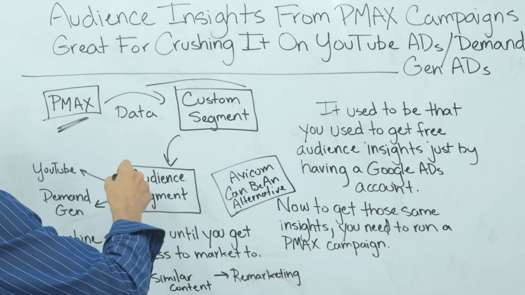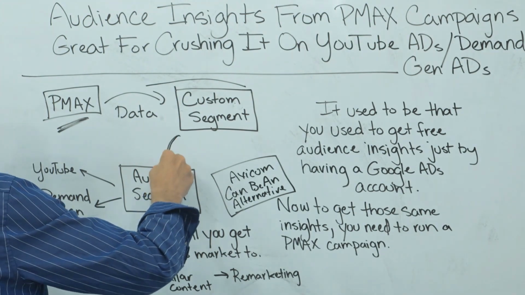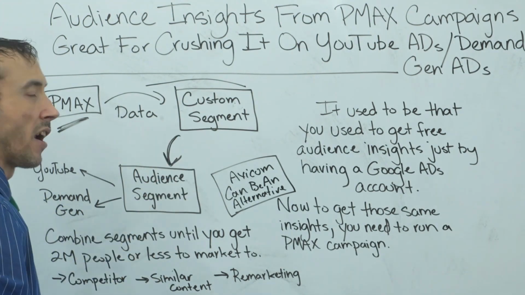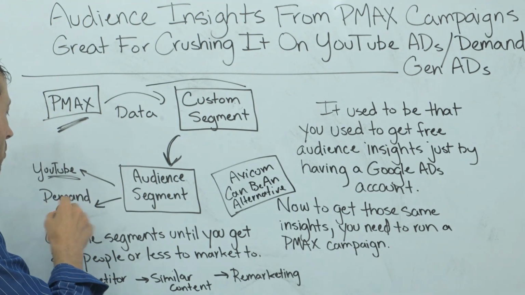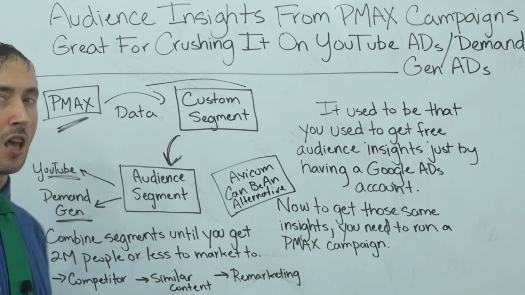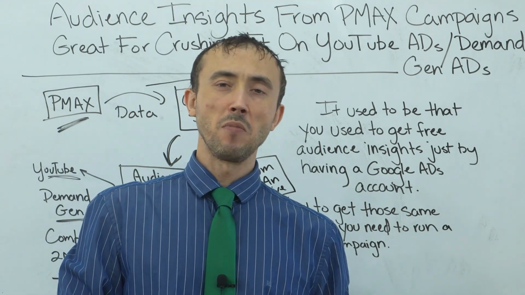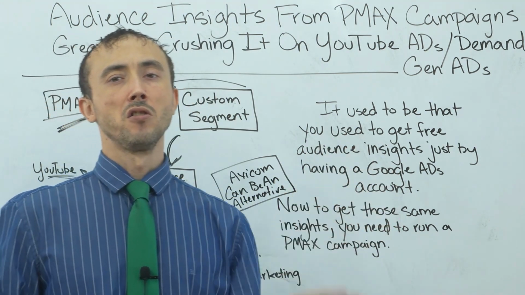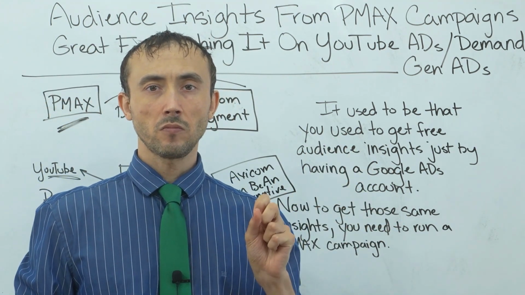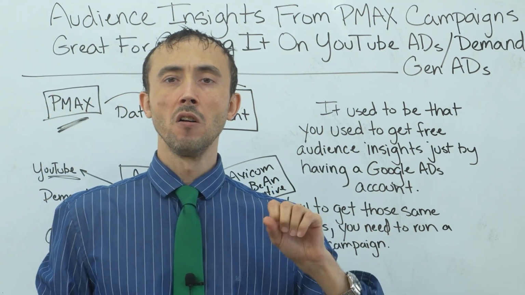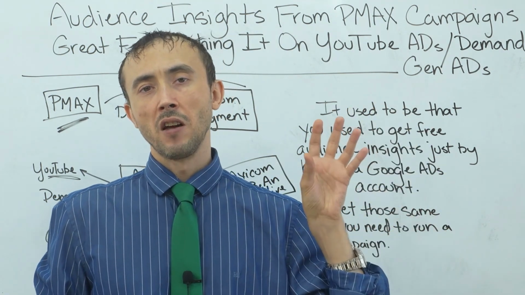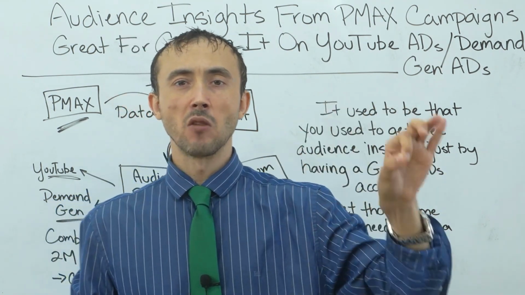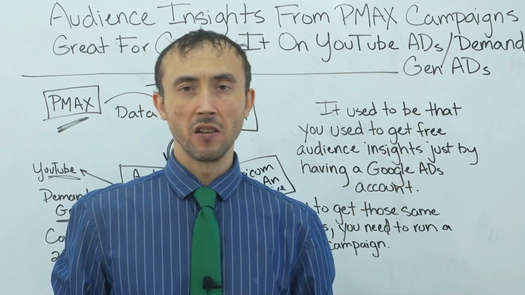That custom segment you could then use to create an audience segment within a YouTube campaign that you want to run, or a demand gen campaign that you want to run. Demand gen campaign being what they used to call discovery ads, which run on Gmail as well as on YouTube specifically.